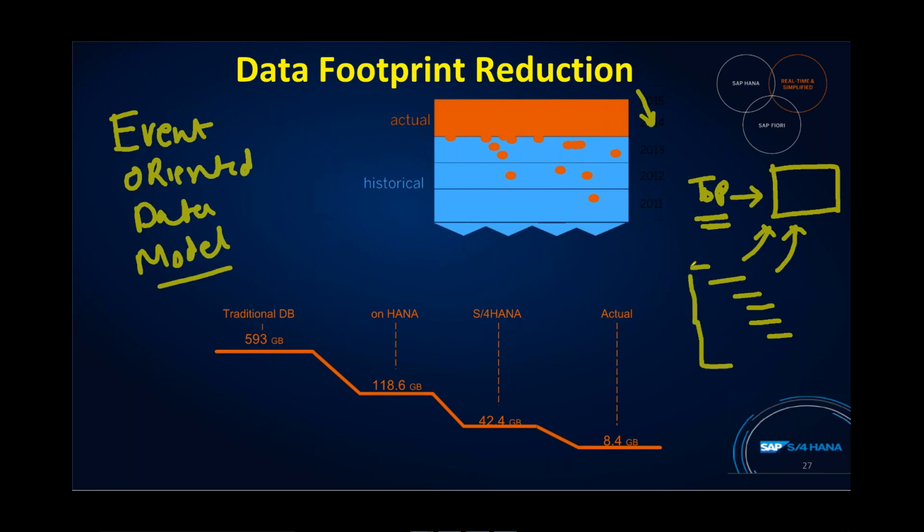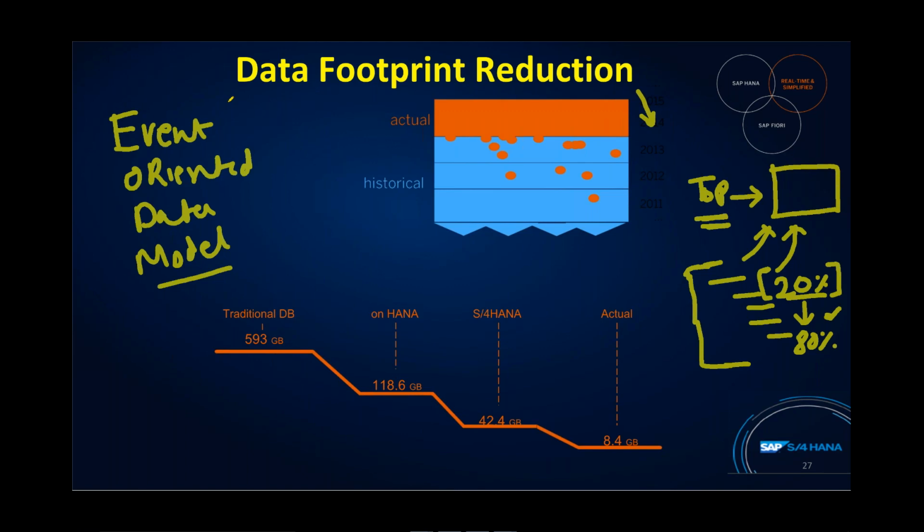SAP has not touched them yet, but in future, wherever there is scope for simplification, in the next version more simplification would be done in the data model. Basically they work on the Pareto principle, where they identify the top 20% of the tables which have an 80% impact. So the target is those 20% which have 80% of the impact.